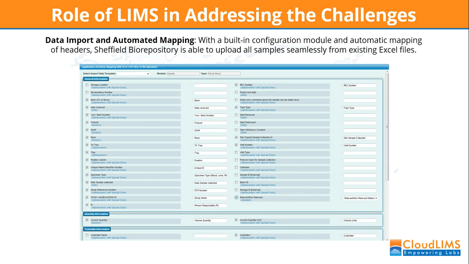Given the challenges we face, implementing a reliable LIMS system to address them was seen as all important. As we're managing such a large number of samples, we had to plan on a LIMS that was scalable. With CloudLIMS built-in configuration module and the ability to automatically map headers, we're able to upload all our samples seamlessly from existing Excel files in very little time and following standard storage assignment procedures.